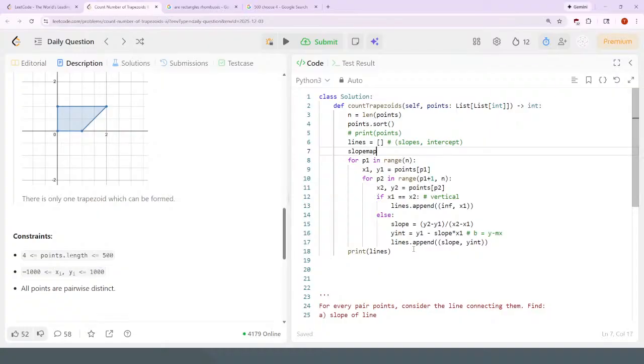Slope map. Let's do this via dictionary of lists. Maybe a default dictionary of lists. Here the key is going to be the slope. The value is the list of intercepts.